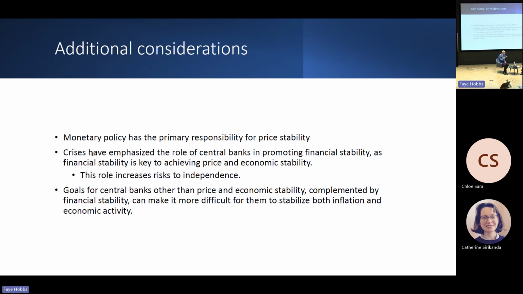Because signaling is, I think, one of the two really powerful channels, it might be useful to think about. In my research, I've always emphasized forward guidance, but unfortunately in the models, forward guidance is maybe too powerful. And I don't mean that for the reasons that Oliver was talking about in his discussion. I think we have models that fix the forward guidance puzzle, but even in those models, maybe forward guidance is better than it is in the real world because it's hard to talk to financial markets.